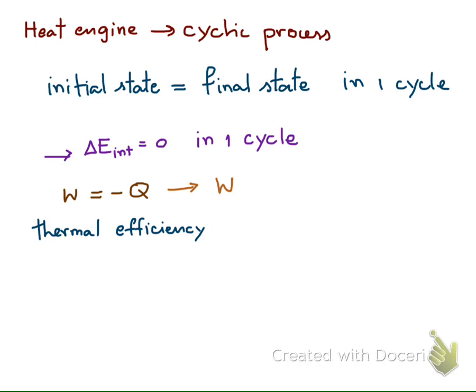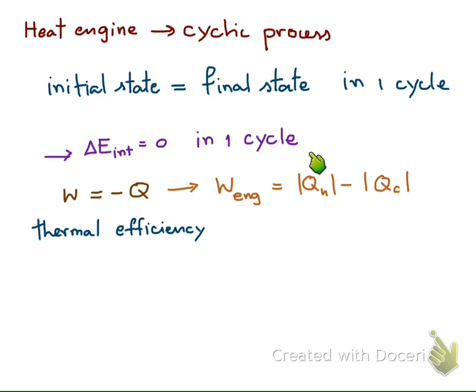From this equation, you can see that the work done by the engine, we write this as W_ENG. This W_ENG, the work done by the engine, is equal to the heat input from the hot reservoir minus the heat output to the cold reservoir.